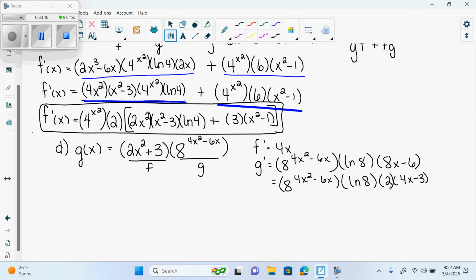Those are all our chains, right? Okay, so g prime of x equals g times f prime minus f times g prime. If you didn't notice, I gave you a nicer one than I did in this example before.